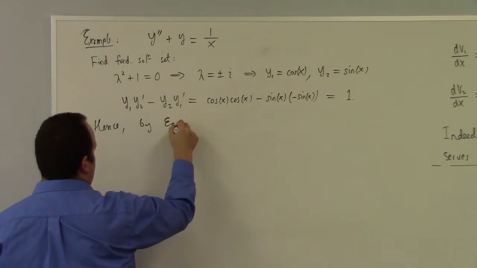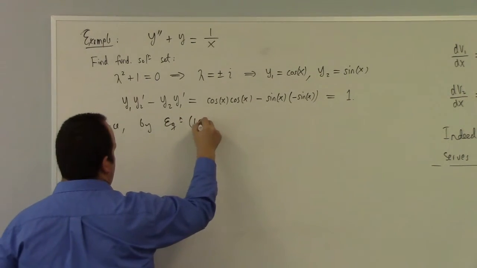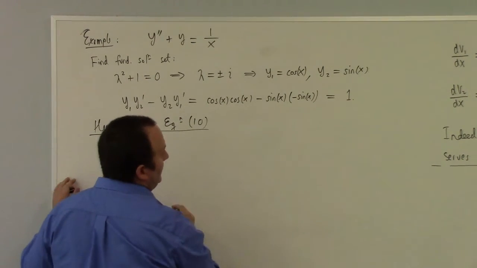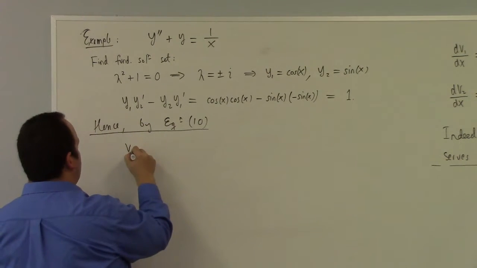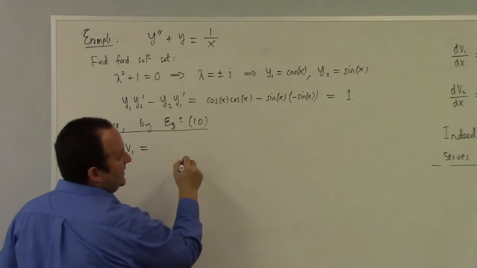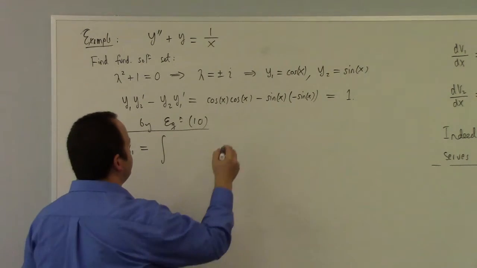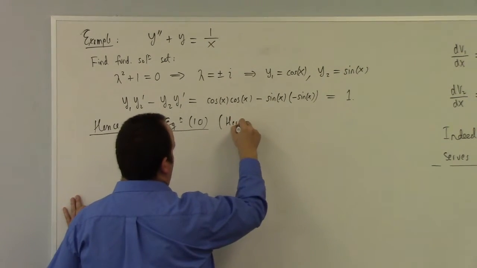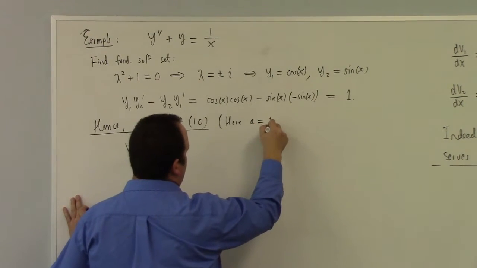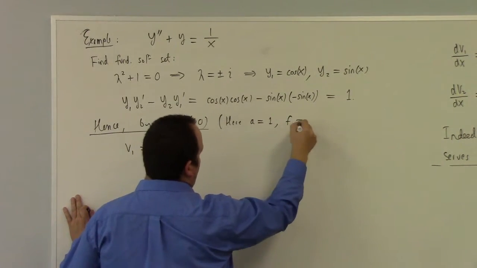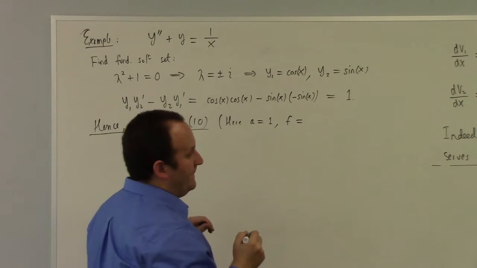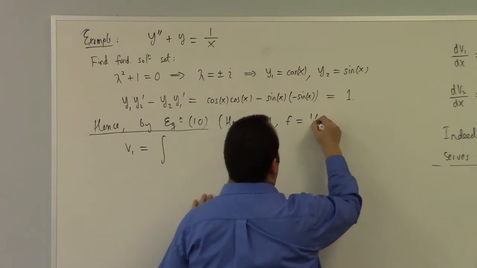by equation 10, we built this machine. Let's use it, right? V1 we can construct as the integral. I guess I should recognize here a is equal to 1, right? F is equal to what? 1 over x, right?